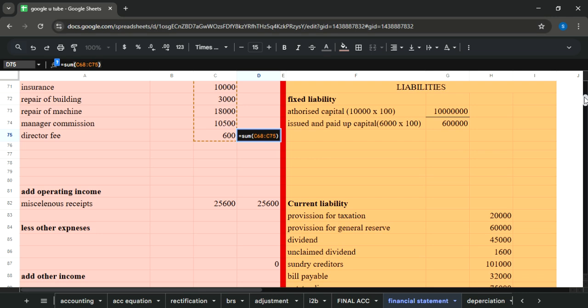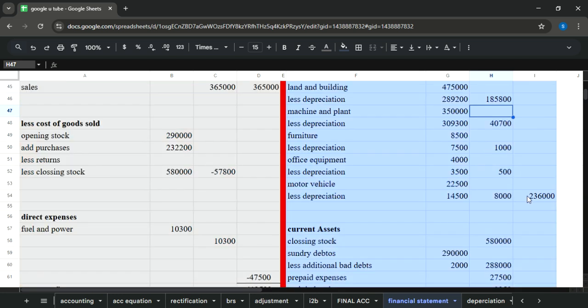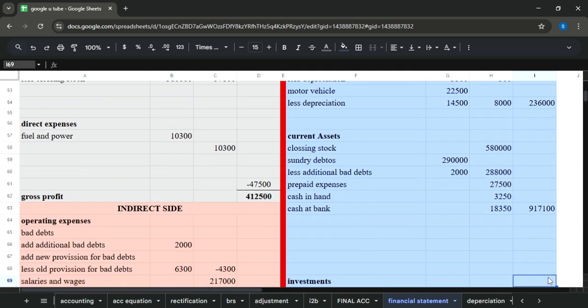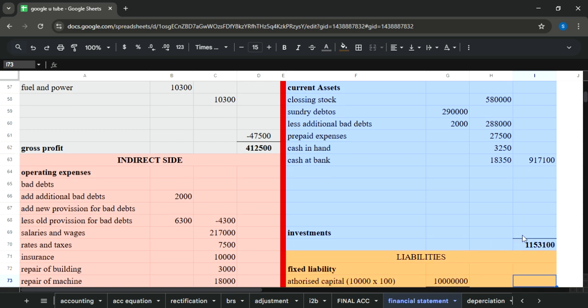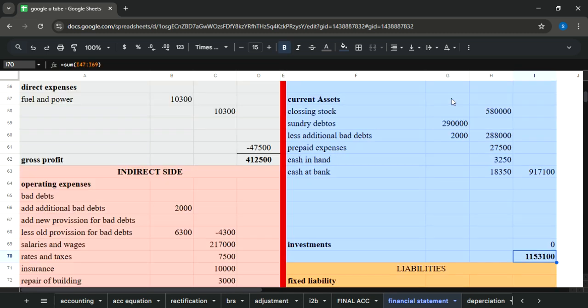Here we have taken sum of, so it's okay. Alright guys, now we will see this was total of fixed asset. After that, this is total of current asset, and you can see investment was 0, write down, and total of these three we are getting 1,153,100. So over here balance sheet total answer is available, 1,153,100.